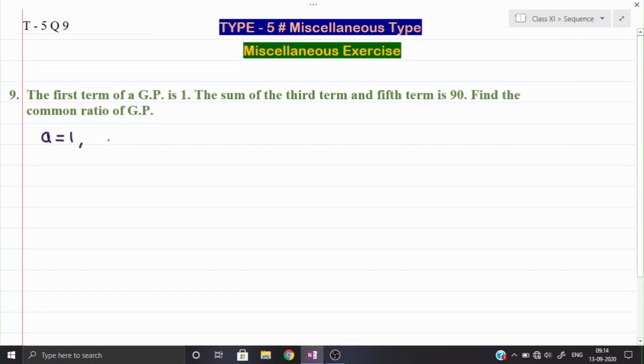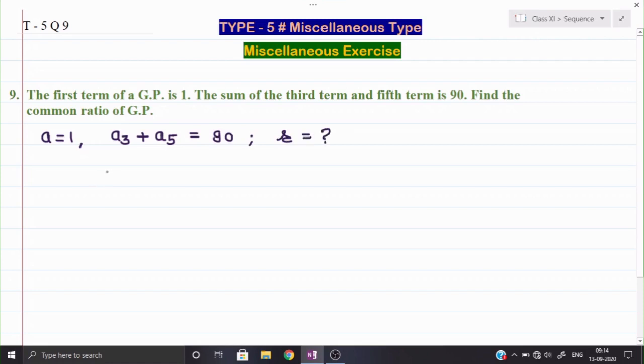The sum of the third term and the fifth term, that is a3 plus a5, is given as 90. Then we need to find the value of the common ratio, so r is equal to question mark.